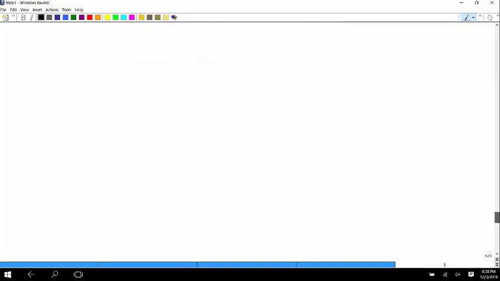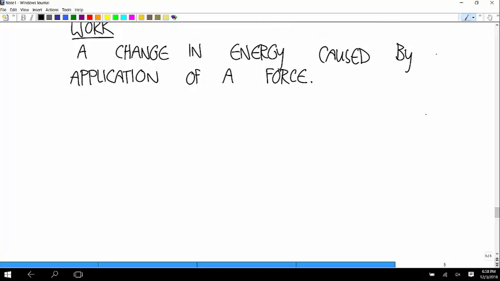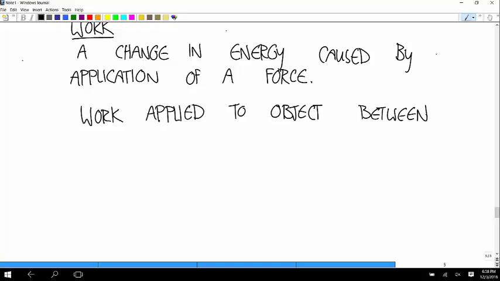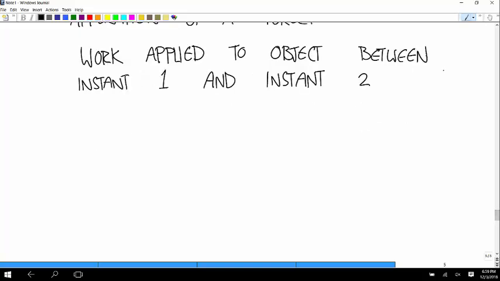So the work that's applied to an object between instant 1 and instant 2, the work will be capital W, and that's equal to the force that's applied to the object dot product with the displacement of the object between instant 1 and instant 2.